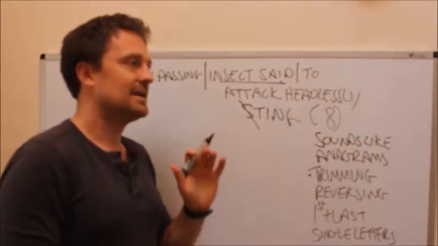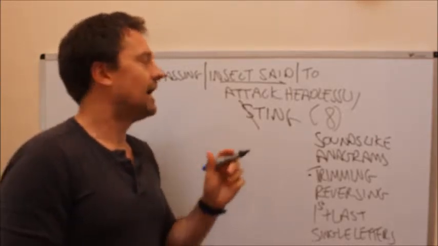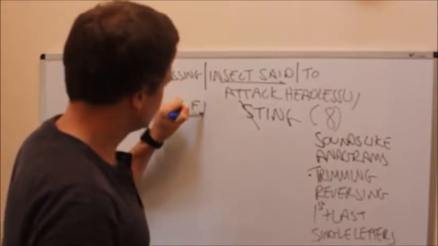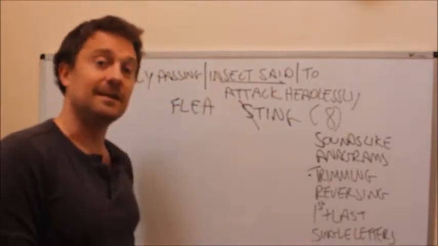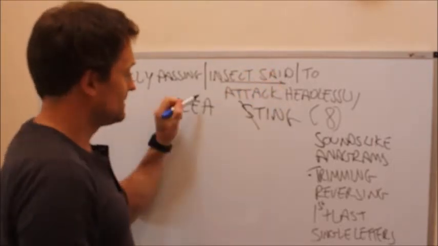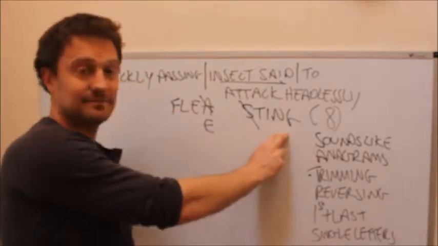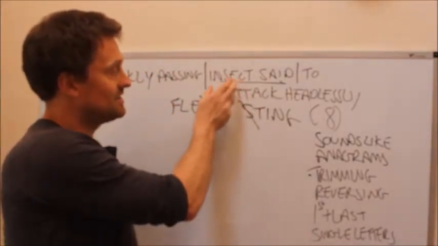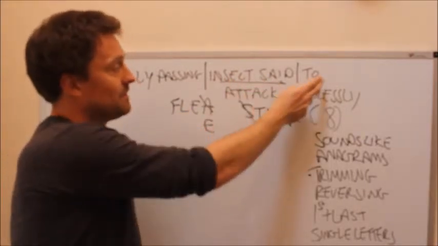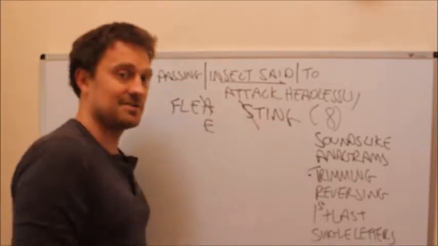You start thinking ant, bee, spider, and then eventually you get to flea. That's how you normally spell flea, but because this is said, you can spell it double E, fleeting, quickly passing. So insect, flea, sounds like, meaning spell it differently. To attack headlessly, sting with no S, fleeting, quickly passing.